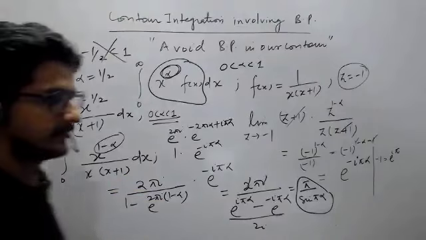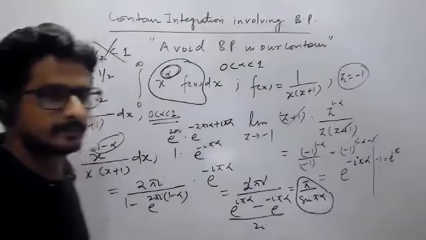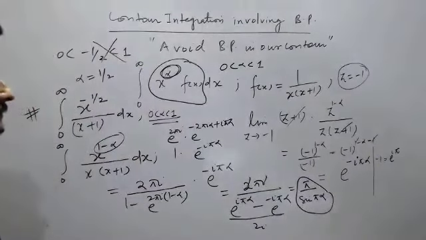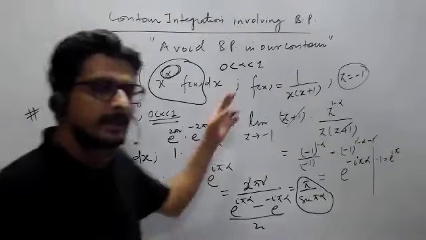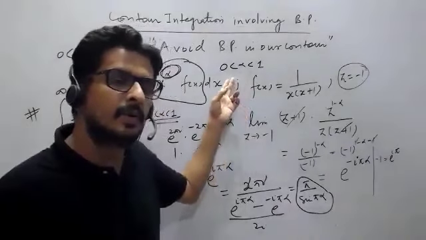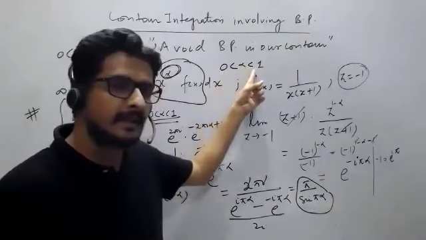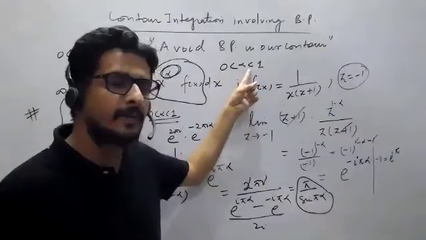Sir, actually alpha can take any value, right? Means in the question it is not mentioned. If alpha is minus 3 or something, then our assumption is wrong, right? That means you don't understand that alpha can take any value between 0 to 1.